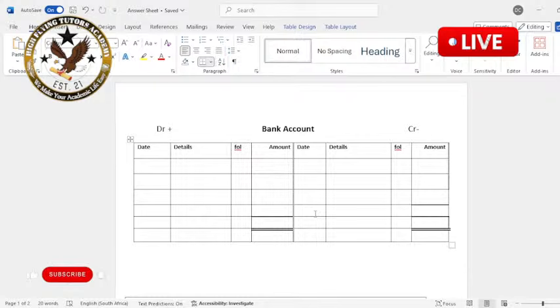Remember, I posted a video last week where I was explaining the theoretical part of the topic bank reconciliation, and just to remind you, I indicated that the debit side of the bank account is the favorable side, and the credit side of the bank account is the unfavorable side.